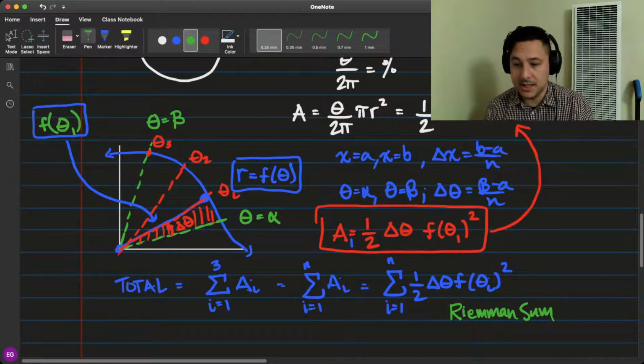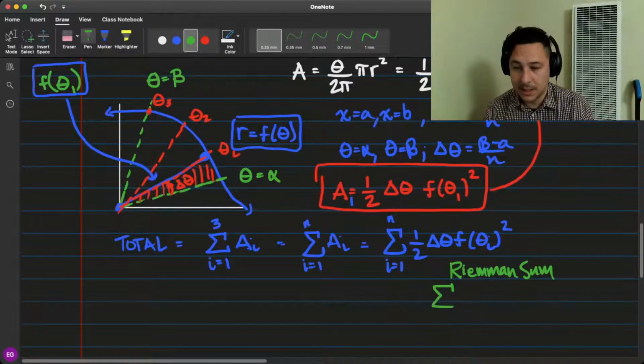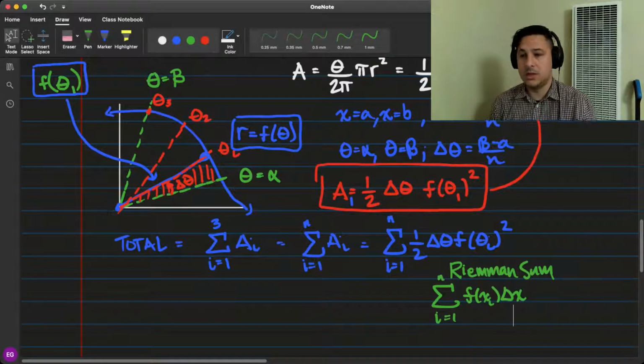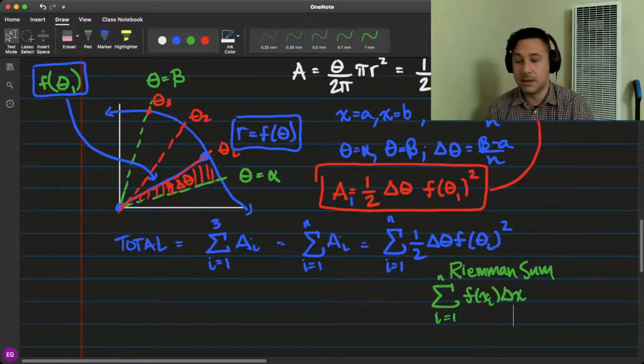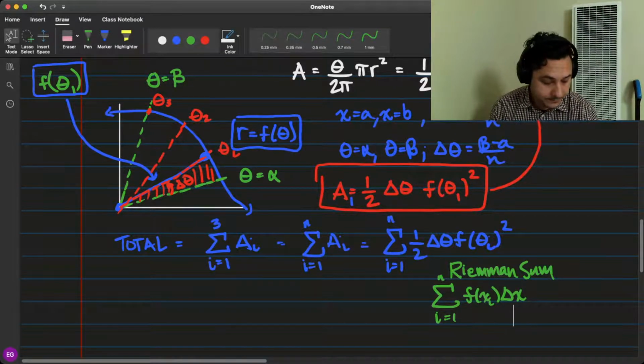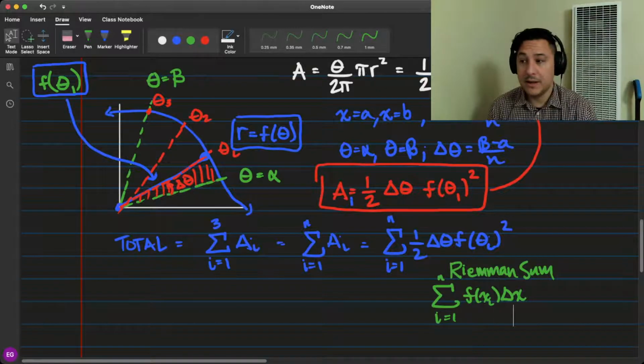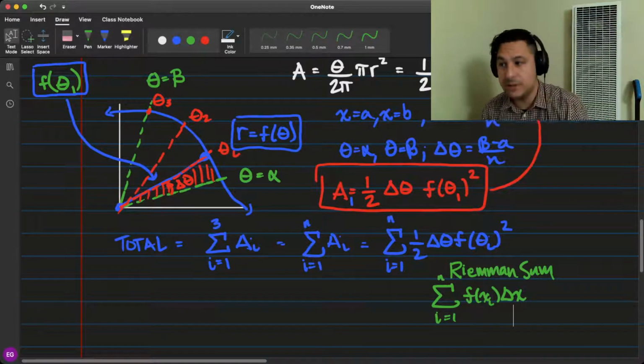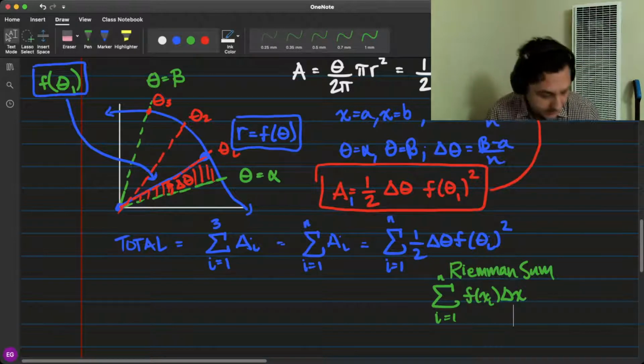So whenever you see this, you should just think of, oh, that's basically the same thing as sigma i equals 1 to n of f of x_i delta x. It's just rewritten in polar coordinates now. Now, what do you do to the Riemann sum to turn it into a definite integral?